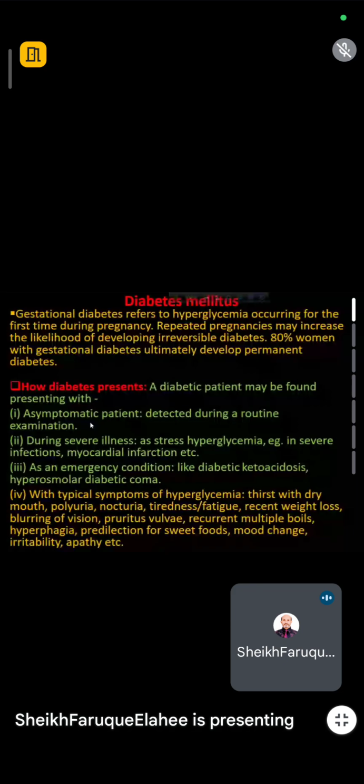So you send him for a simple urine test, urine for RE. This will help you detect diabetes, even kidney failure. That's why you do a CBC, a urine for RE and an ultrasonography. Why?